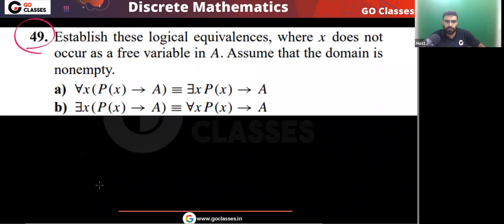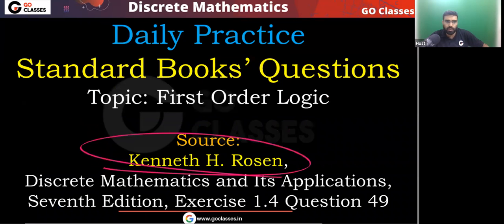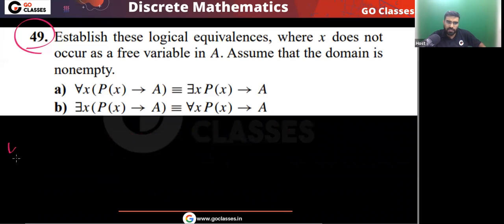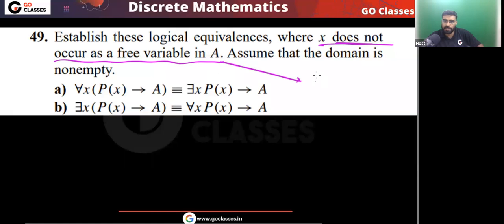This is question number 49 from Kenneth Rosen book. We have done 46, 47, 48. This is the 49th question. Let's solve it also. So here x does not occur as a free variable in A. That simply tells you that this is null quantification.